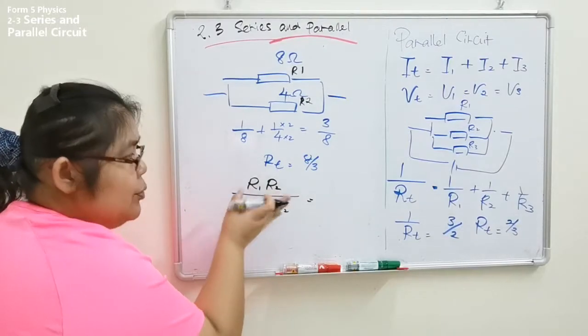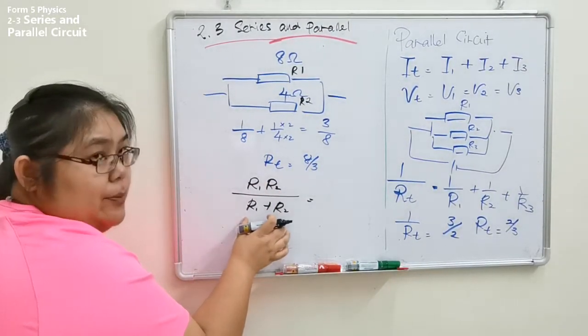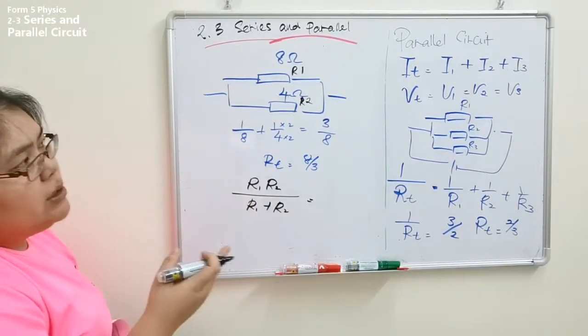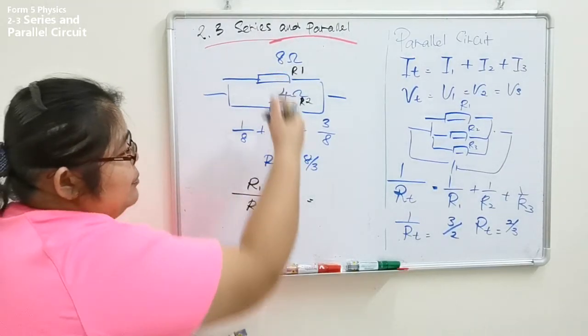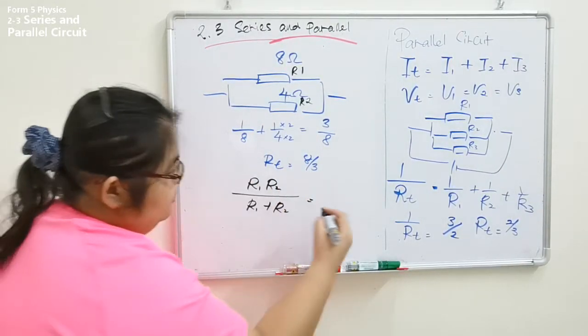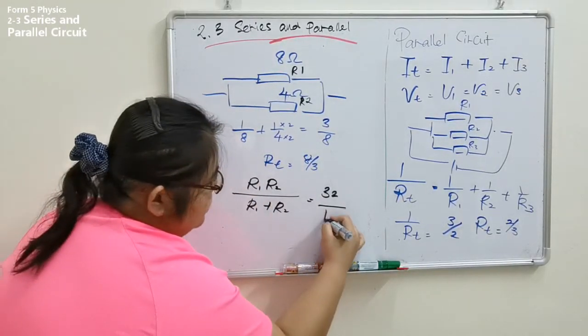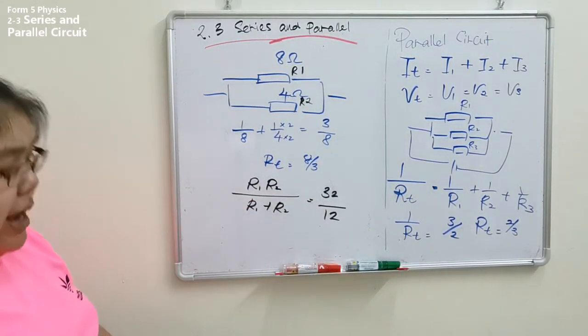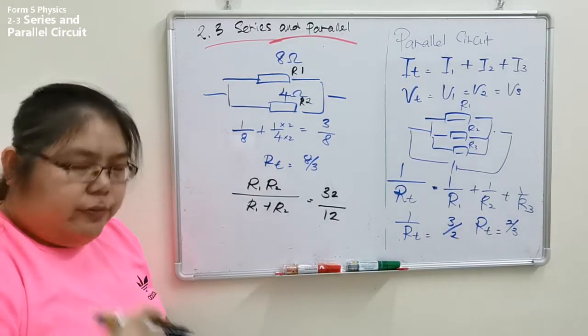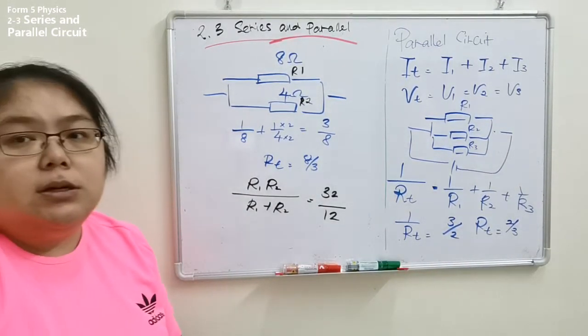So I put R1 and R2 at the top, then R1 plus R2 at the bottom. So from here, follow this calculation: 4 times 8 is 32, over 4 plus 8, that's 12. So you get the same answer, 8 over 3. It's the same answer. Okay?